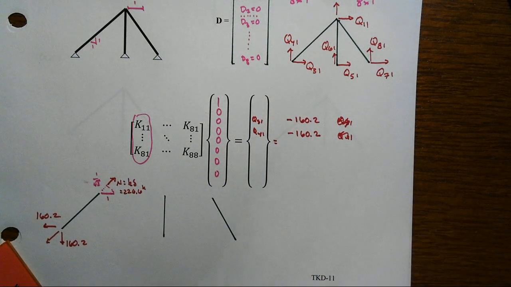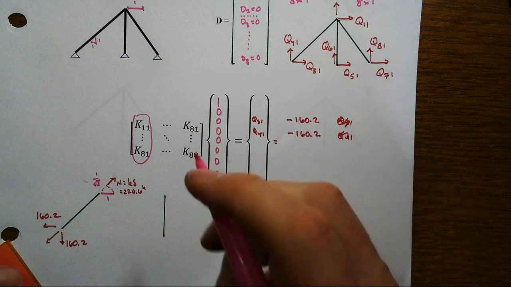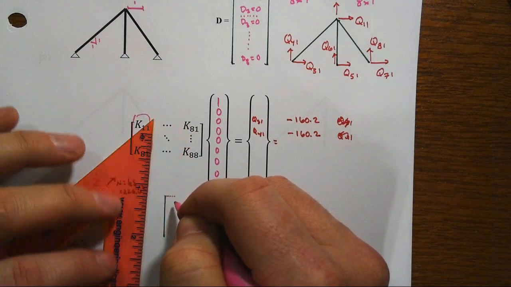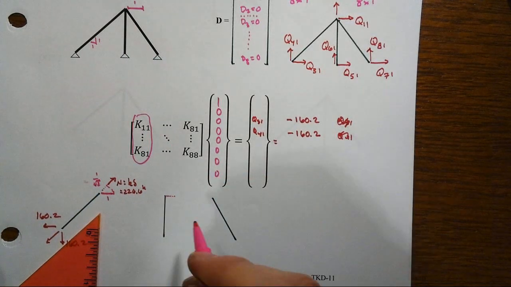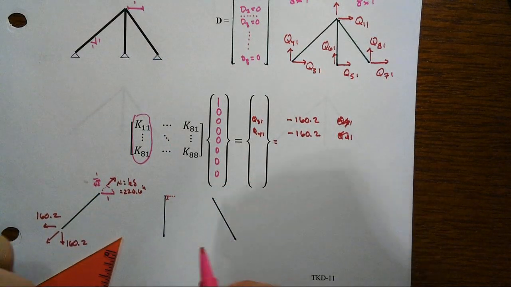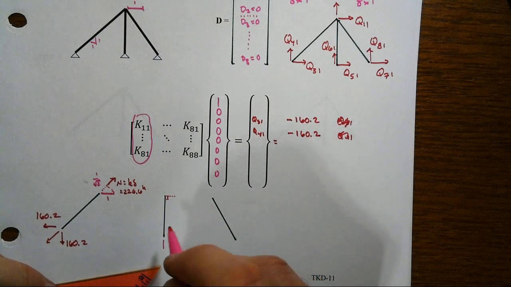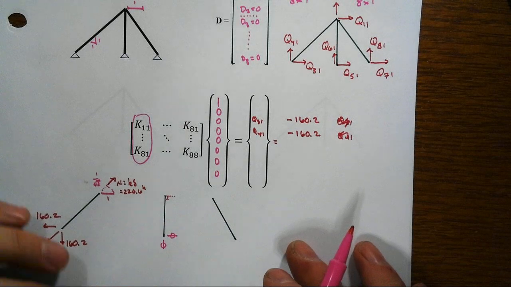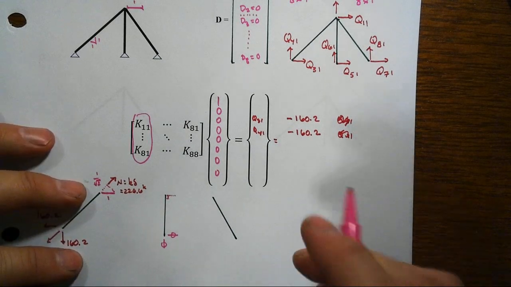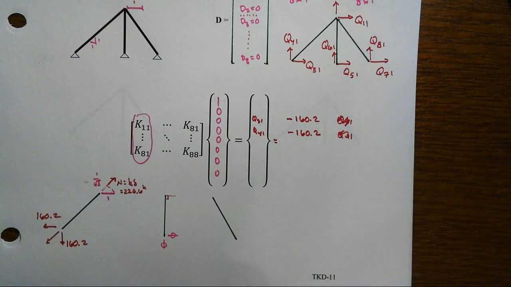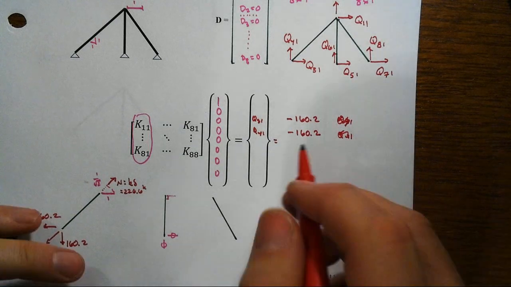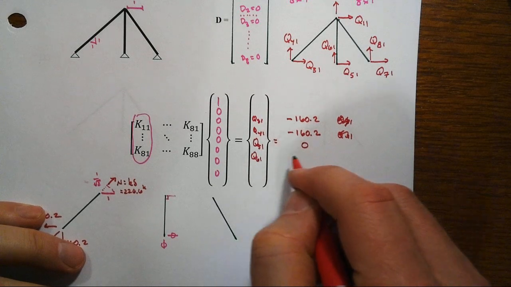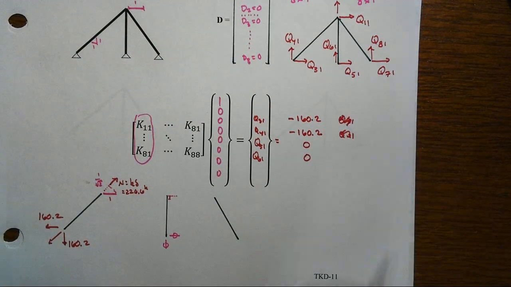Now we come along and we do each of these members. So we look at that one. That one goes over, and oh, that doesn't elongate or shorten at all. So we end up with zeros here and there. Okay, so that means that Q51 is 0 and Q61 is 0.